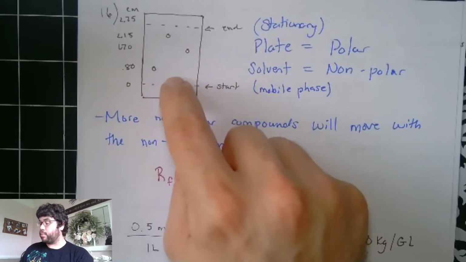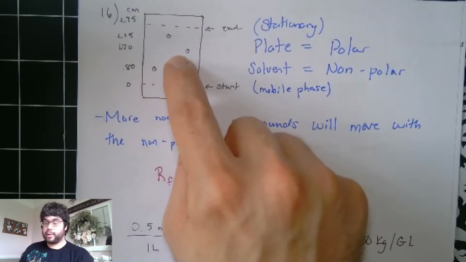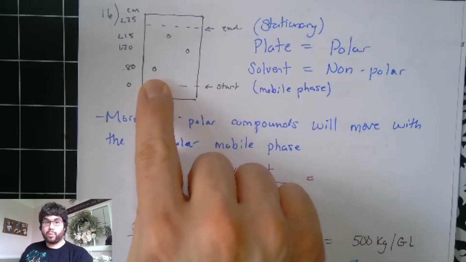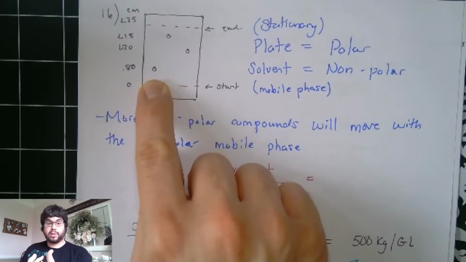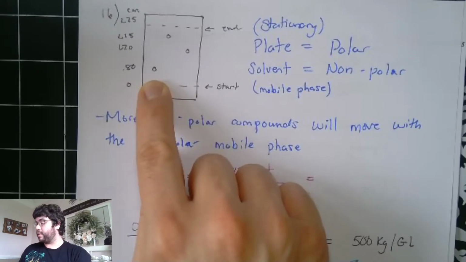Non-polar compounds are going to move with the non-polar solvent. So this guy right here, the one that doesn't move very far, is the most polar because it's adhering to the plate. Its intermolecular forces are polar, and so the plate is polar, so they are attracted to one another, so it's not going to move along with the mobile phase.